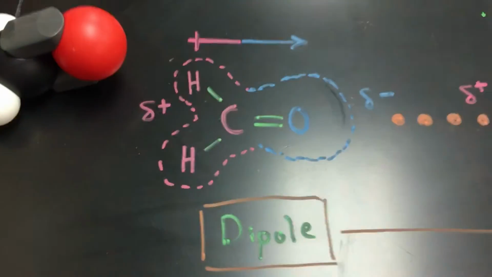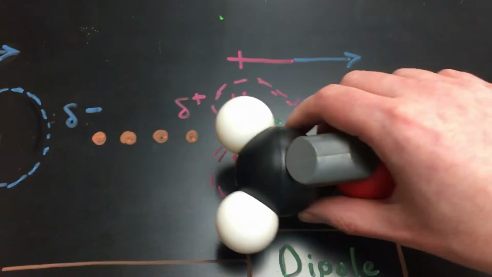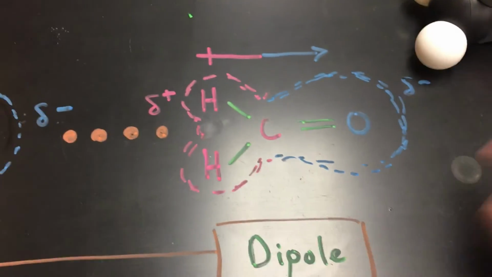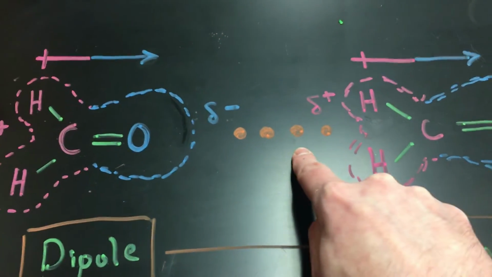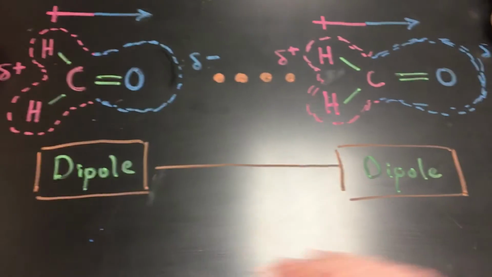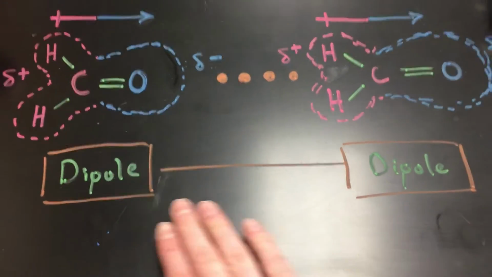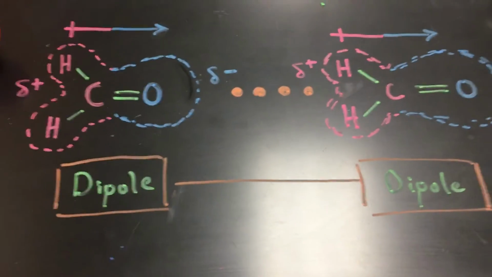So we have a dipole. If we bring that towards another molecule just like it, it's also a dipole, and we have an attraction between the partially negative and partially positive sides of these molecules. So a permanent dipole and a permanent dipole come together to attract each other with an intermolecular force we call a dipole-dipole force.